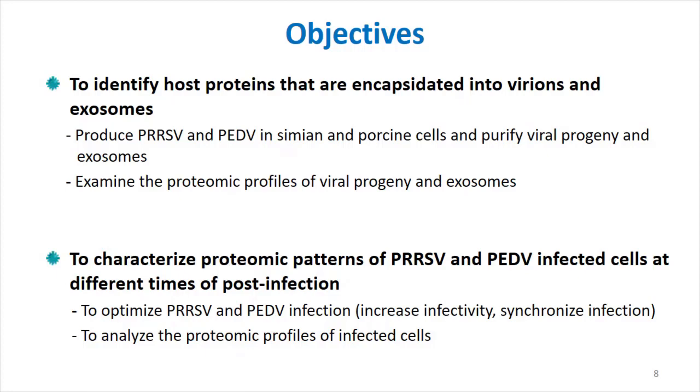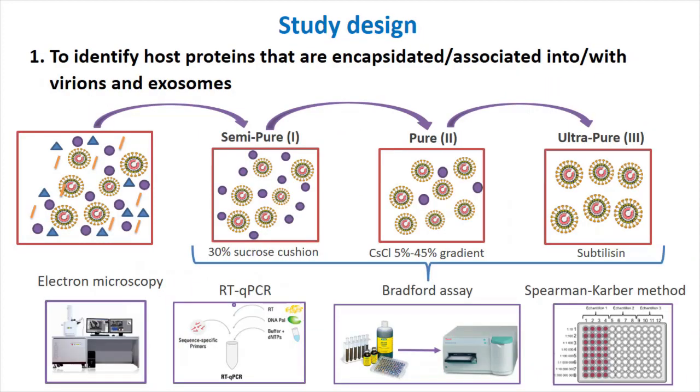So with this, we formulated some objectives and how to prove these hypotheses. For the first hypothesis, we propose to produce viral particles from simian cells, which are usually used in labs, and also from natural host cells, and analyze the exosomes and viral progeny using a quantitative proteomic approach. Also, to study the dynamics of viral-host interaction inside the cells, we lyse the cells at different time points post-infection and analyze the proteomic profiles.